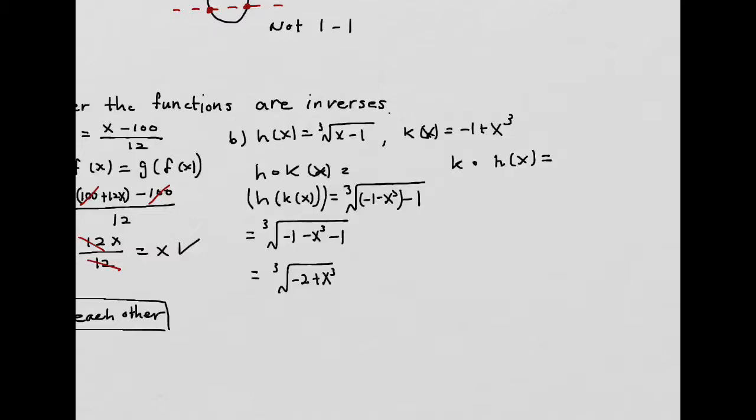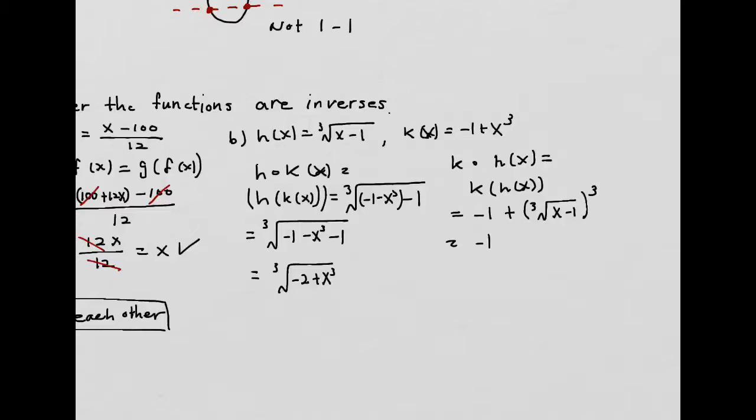So I don't even have to test the other one because k of x is not the inverse of h of x. But if you still want to do it, you can. You would have negative 1 plus x cubed, which is the cube root of x minus 1 cubed, and you get negative 1.